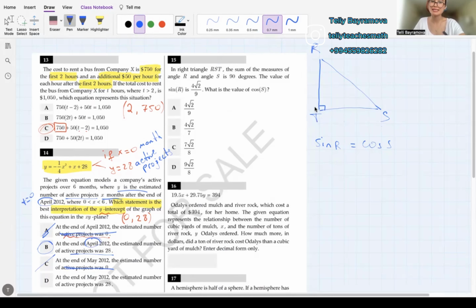Why? Because R plus S is 90 degrees. In this case, if sine R equals 4 root 2 over 9, it means that cosine S is exactly the same thing, without doing any calculation: 4 root 2 over 9.